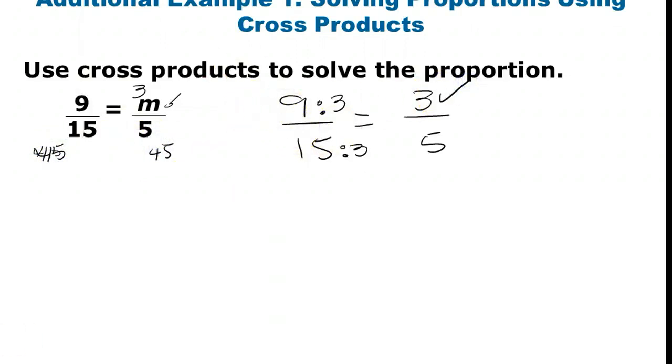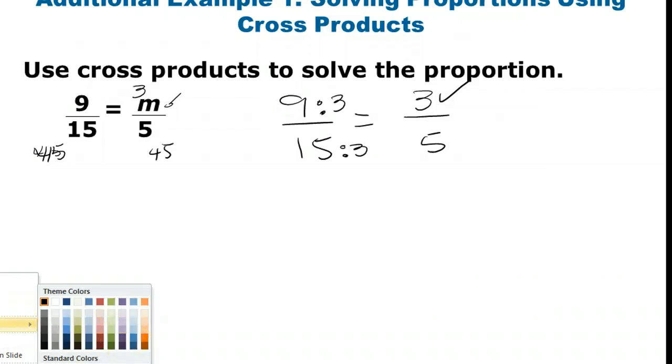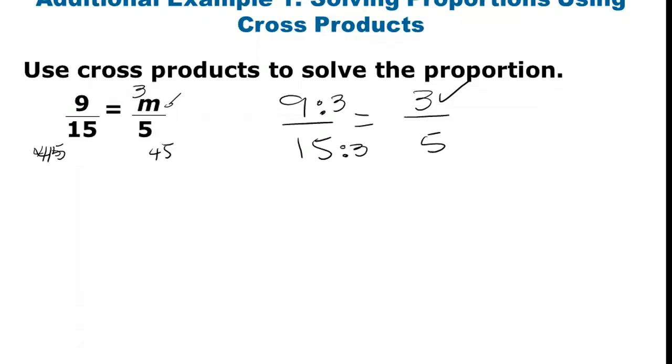Now a different way that we can solve this, let's change colors. A different way is to actually use the cross products themselves. I know when I do 9 times 5 I will get 45, and 15 times M, so I can use that knowledge. 9 times 5 I get 45, and 15 times M should be equal to it.